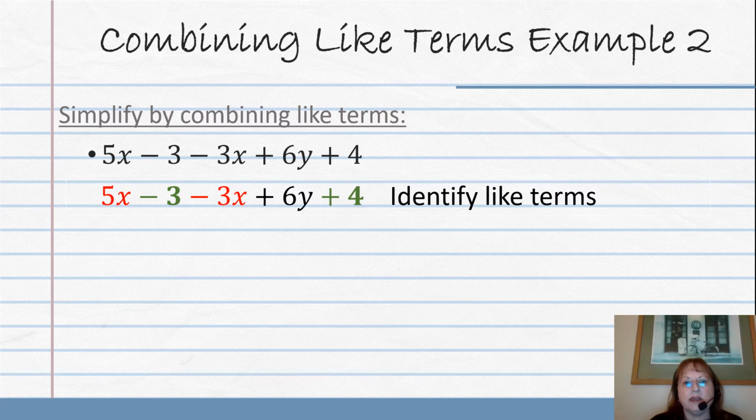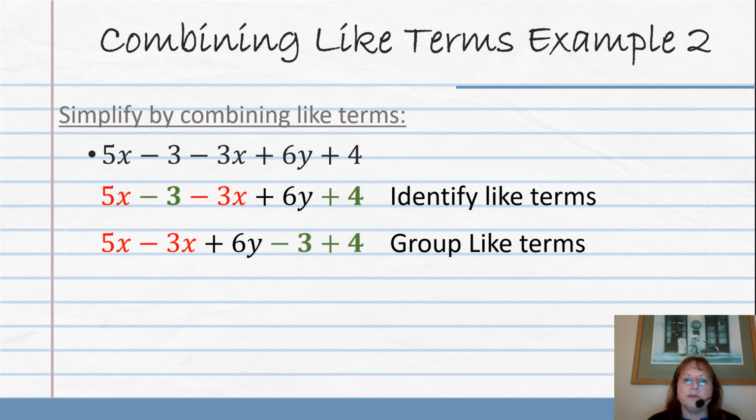Negative 3 and positive 4, and then 6y does not have a term that it can be combined with. So we are going to group them so that they are in the same location next to each other. So I have 5x minus 3x plus 6y minus 3 plus 4.